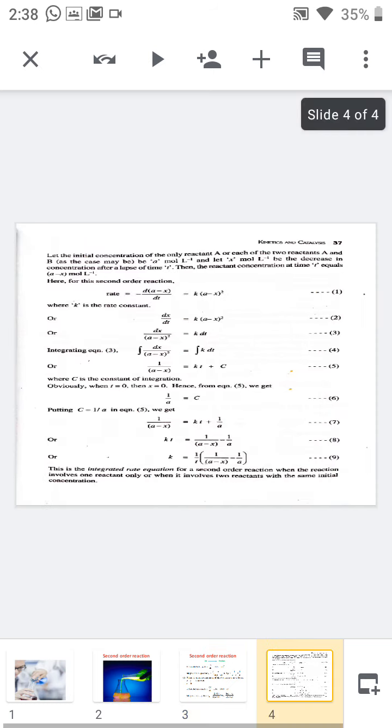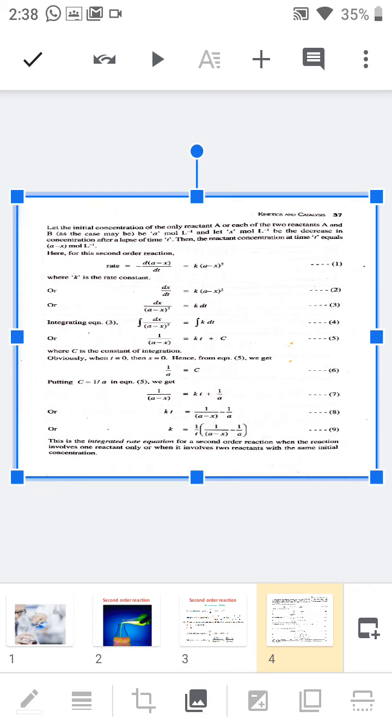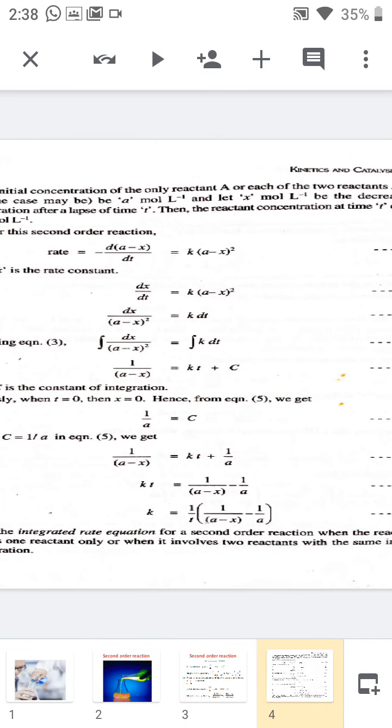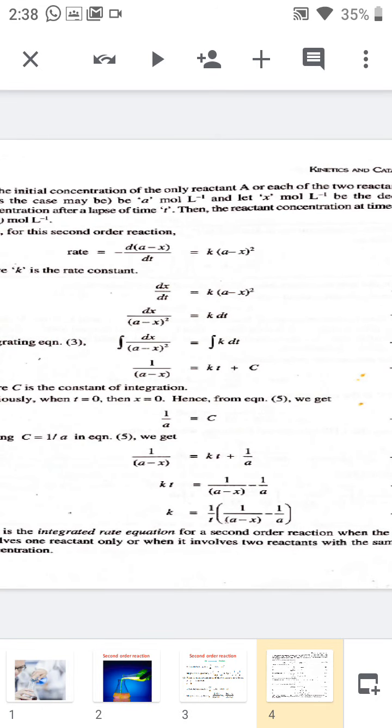Now let us move into the derivation of the second order reaction having only one type of reactant. So our equation is A gives product, 2A gives product. We write the rate expression as dx by dt equal to k into (a minus x) whole square.